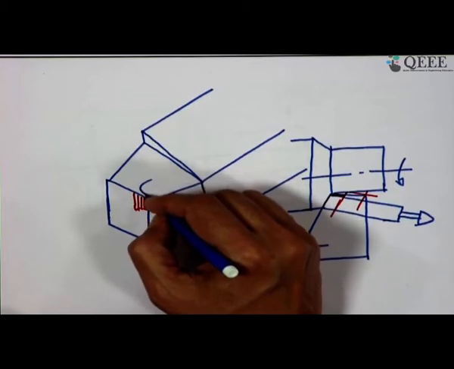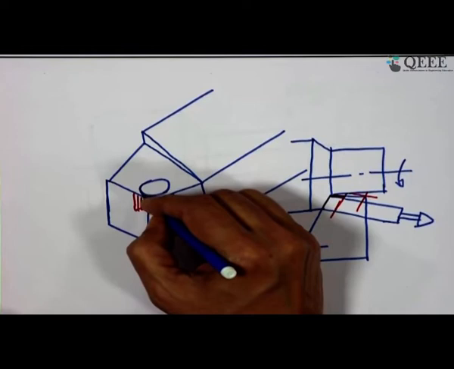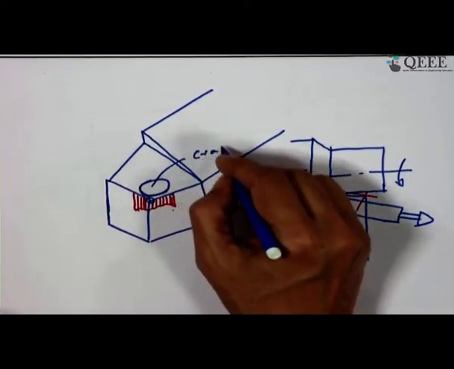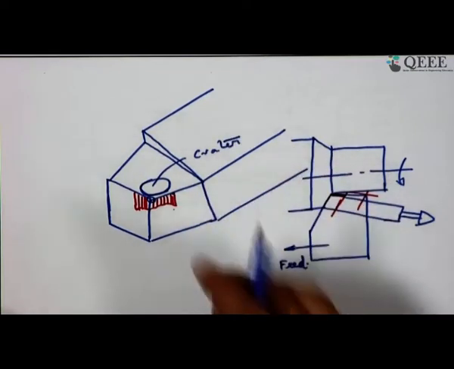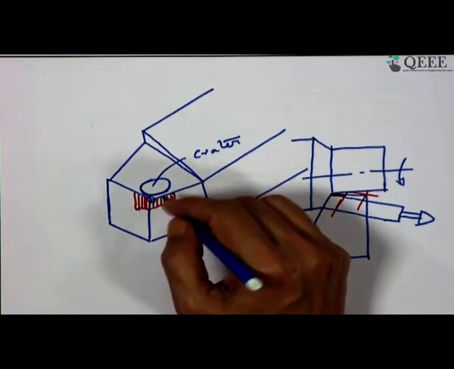So, you can see this is like a cavity which forms on the rake face, and this is called the crater wear. That means the wear on the rake surface, in the form of a cavity, a crater, is why we call it crater.